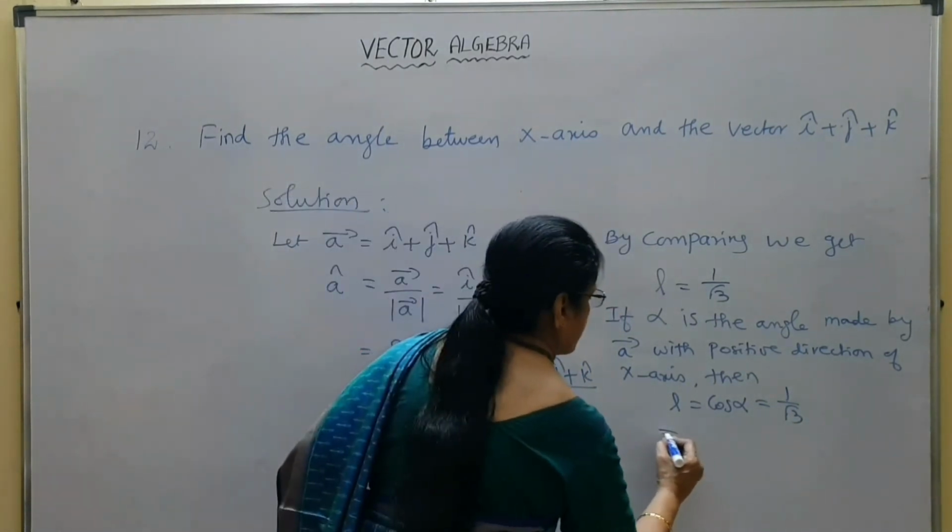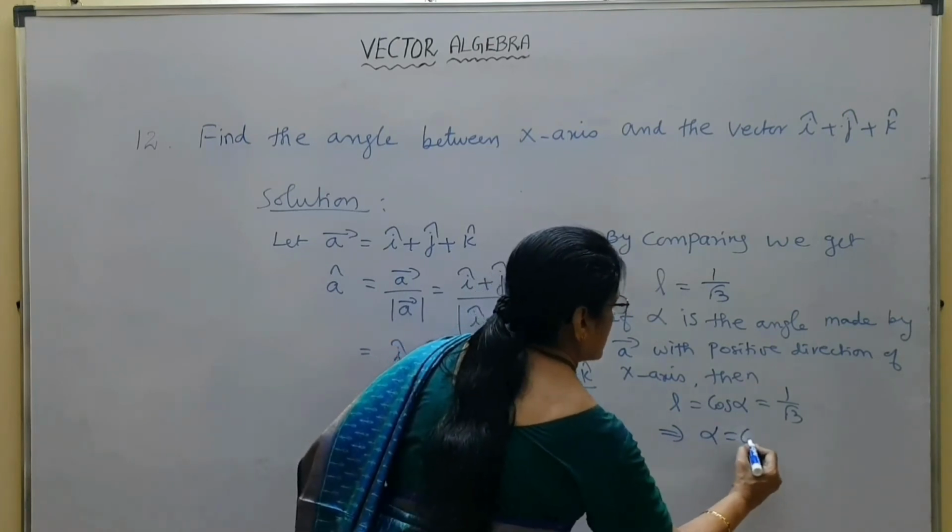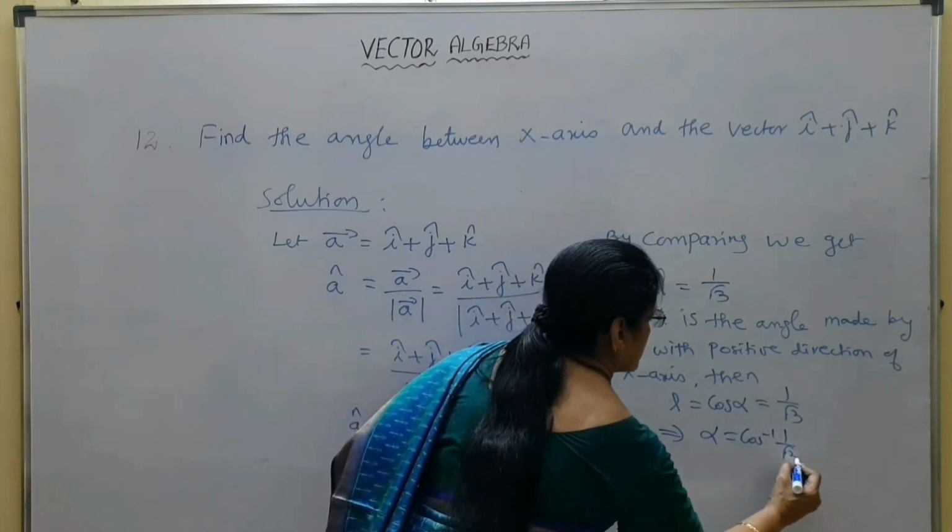This implies alpha is equal to cos inverse 1 by root 3.